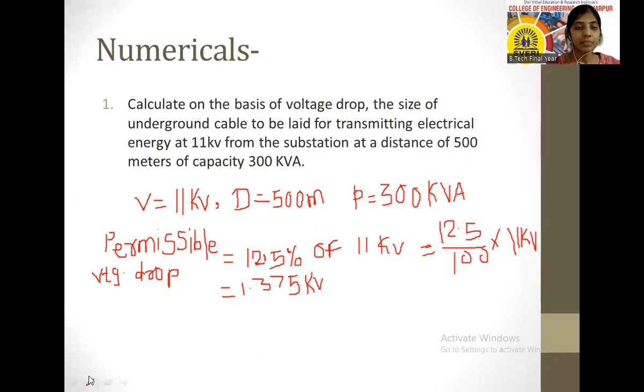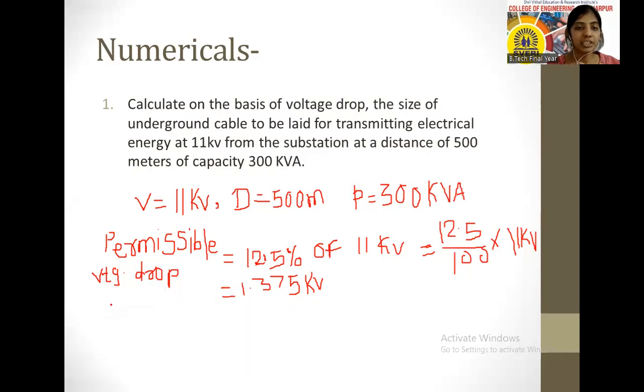Next, I am not checking whether the answers are correct or not because of some emergency work. I will just tell you the procedure. Next, you have to calculate the current carrying capacity. That means how much current is flowing through that conductor. For that, you have to use the formula for power.